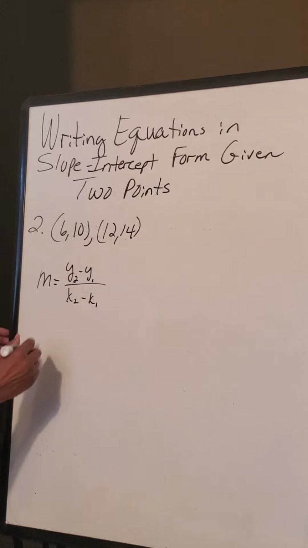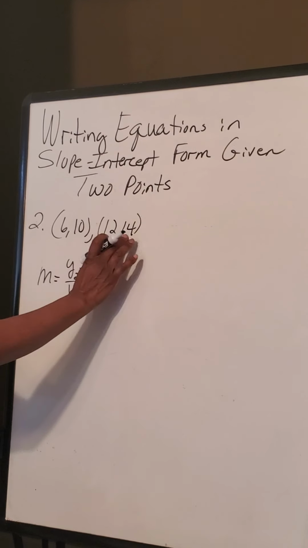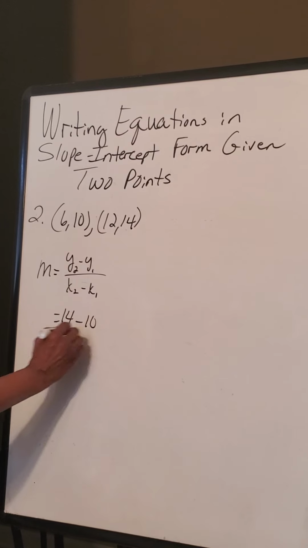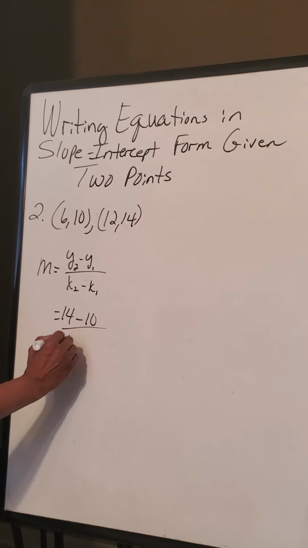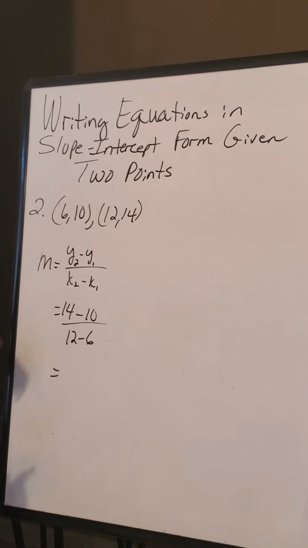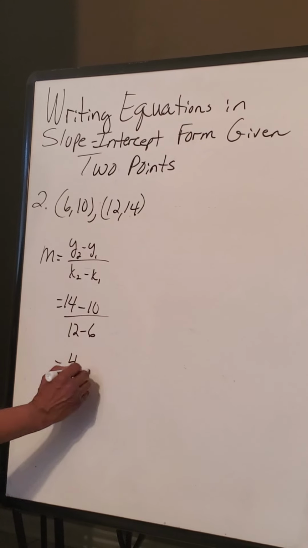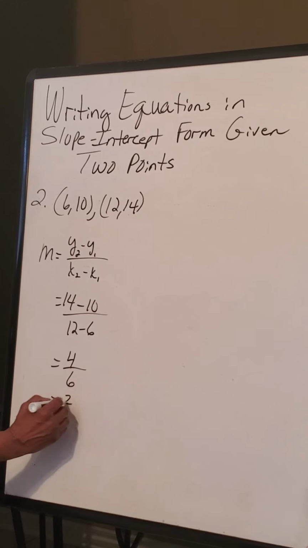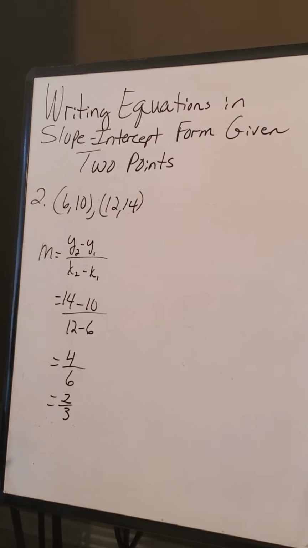Make sure that they're low enough. Let's do our substitution. I'll do 14 minus 10, and I'm going to place it over 12 minus 6. 14 minus 10 gives me 4. 12 minus 6 gives me 6. So I get a slope of 2/3.